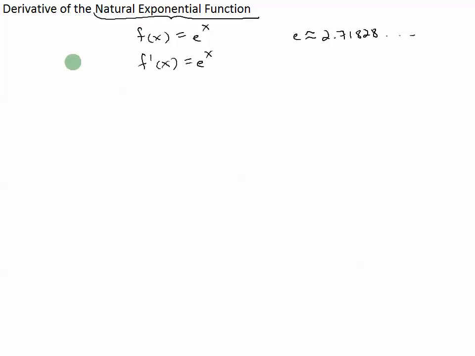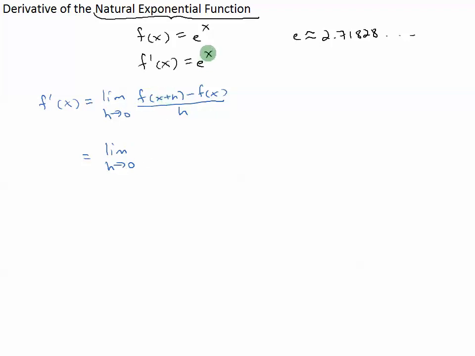If you investigate this a little bit, if you use the limit definition of derivative, you'll see that you have the limit as h goes to 0 of f of x plus h minus f of x all over h. And if you look at this, you get the limit as h goes to 0.